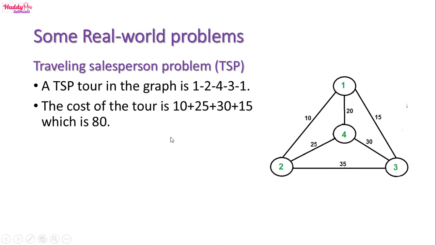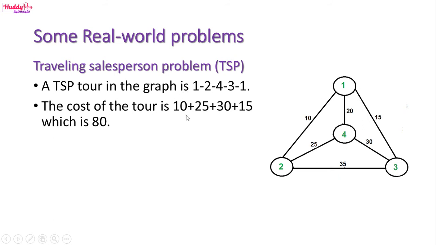Now, in this traveling salesperson problem tour graph, we have 1 to 2, then 2 to 4, and then 4 to 3, and 3 to 1.